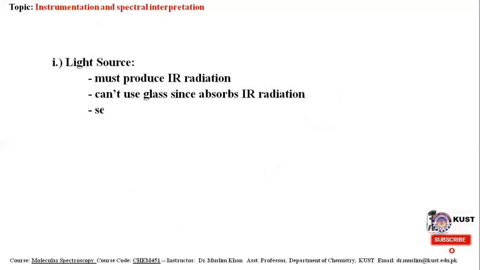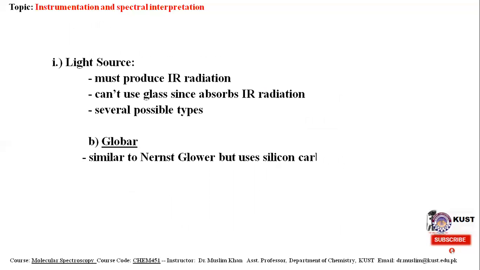As I told you, there are several types. The second type of light source in IR spectroscopy is the Globar. This Globar is quite similar to the Nernst glower. In the Nernst glower, rare earth metal oxides like zirconium are heated electrically, current flows, heat is generated, and light is emitted.